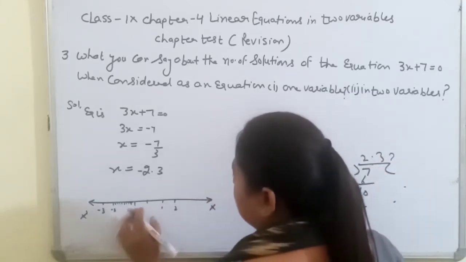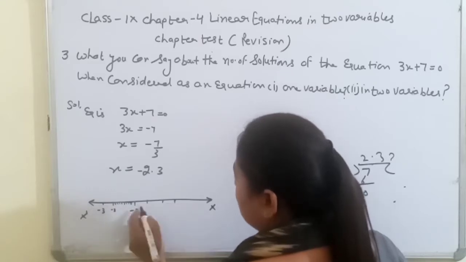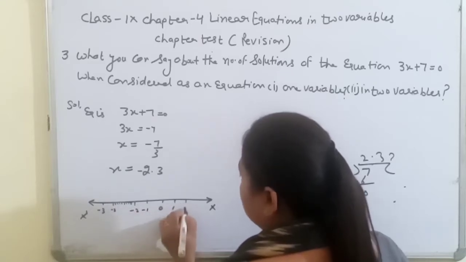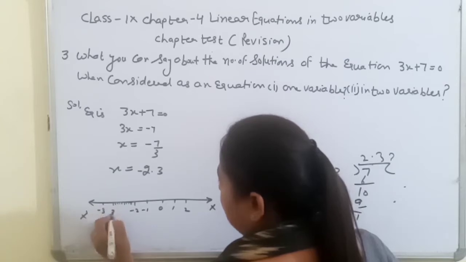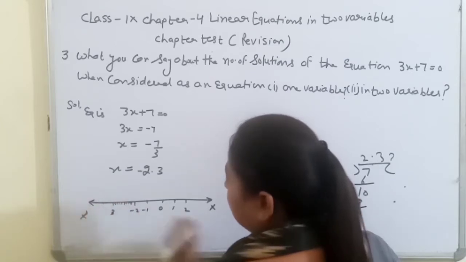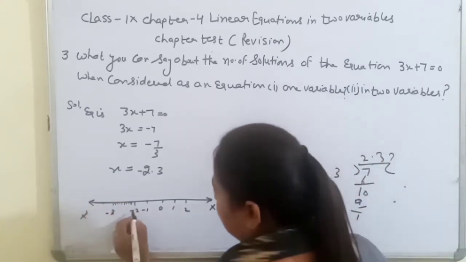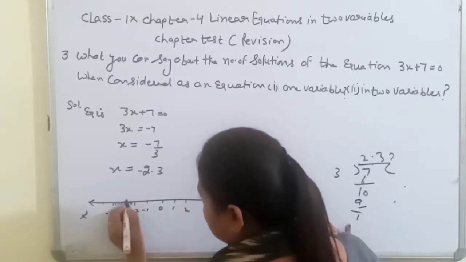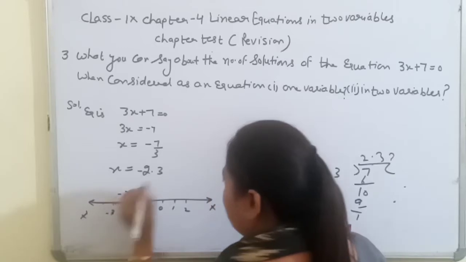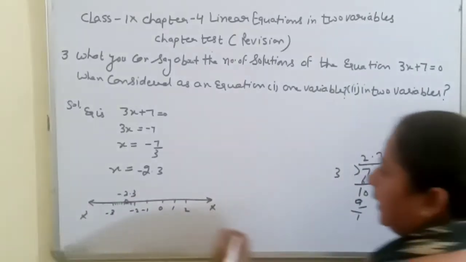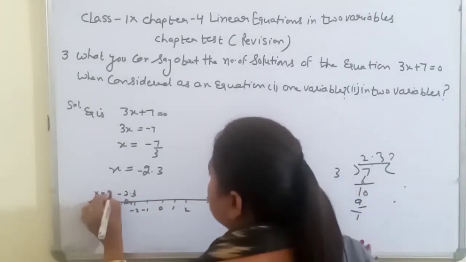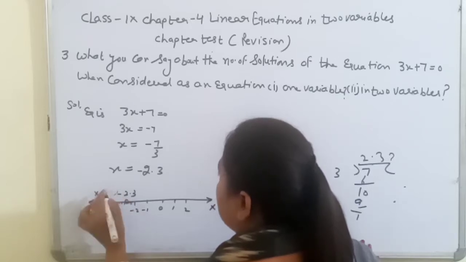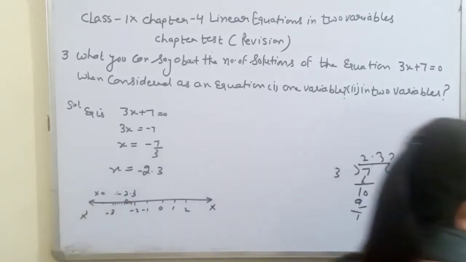So this is minus 1, minus 2, and this is minus 3. For minus 2.3, after minus 2, count 3 small boxes: 1, 2, 3. So this is the exact position of minus 2.3, where x is equal to minus 2.3.